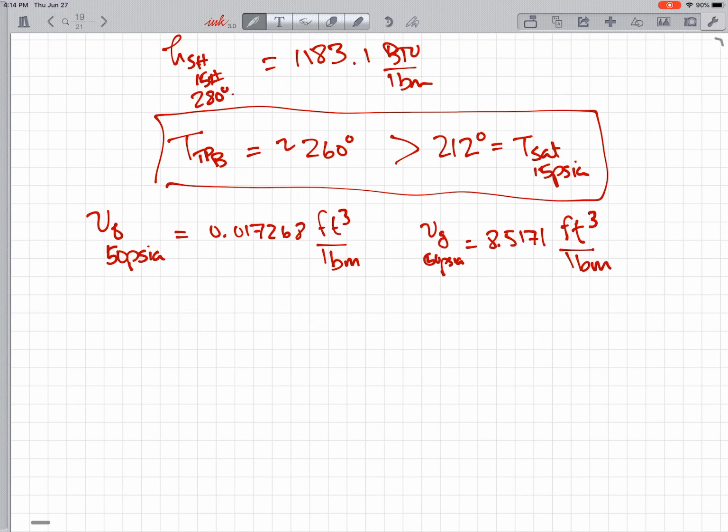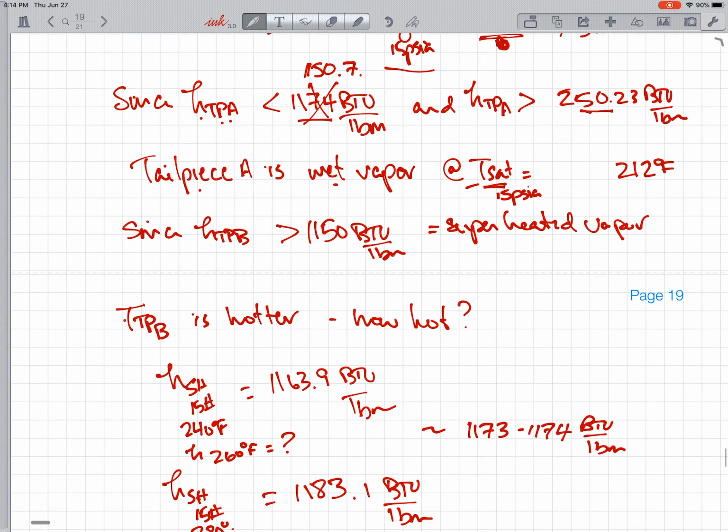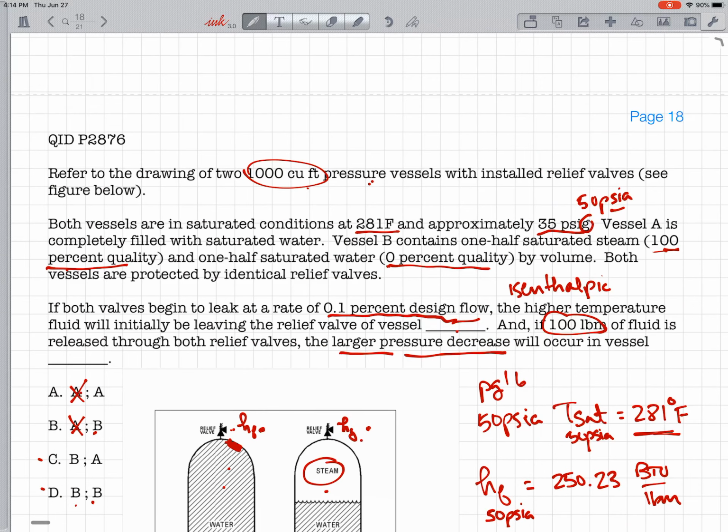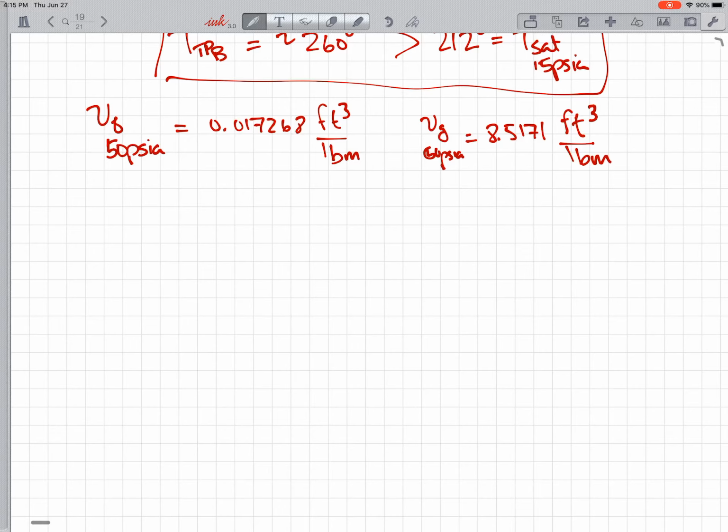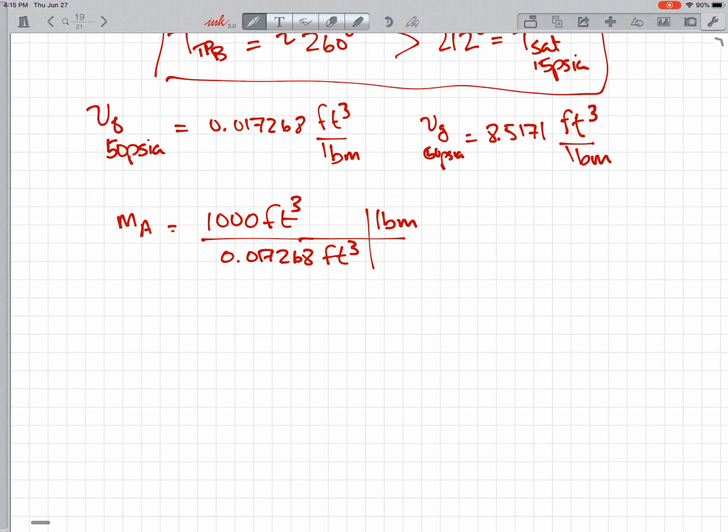If you look here, the problem said there's 1,000 cubic feet in this pressure vessel. So the mass of tank alpha is equal to 1,000 cubic feet divided by the specific volume, 0.017268 cubic feet per pound mass.